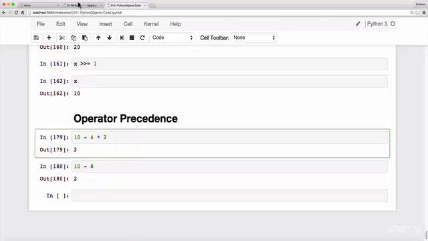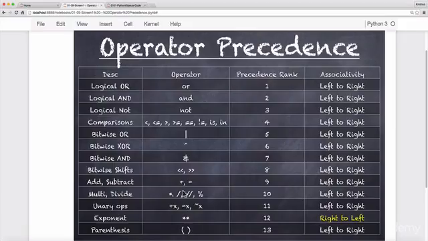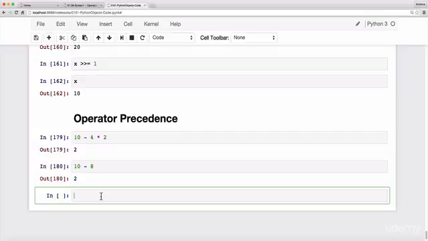Let us see the rules. Because multiplication has higher precedence, it has a 10, whereas subtraction has a 9. That is the reason it executed the multiplication first. Suppose we put 10 minus 4 in parentheses, then star 2.